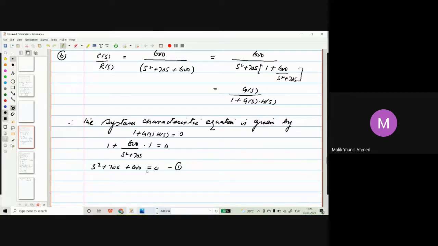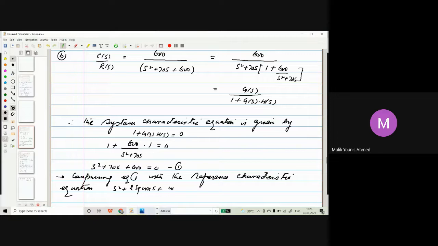Now comparing the above equation 1 with the reference characteristic equation, which is s square plus 2 xi omega n s plus omega n square should be equal to 0.